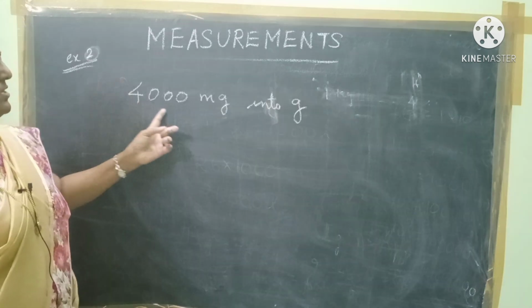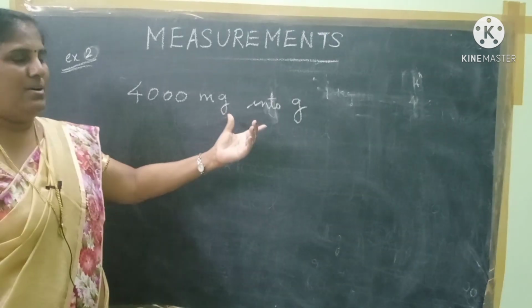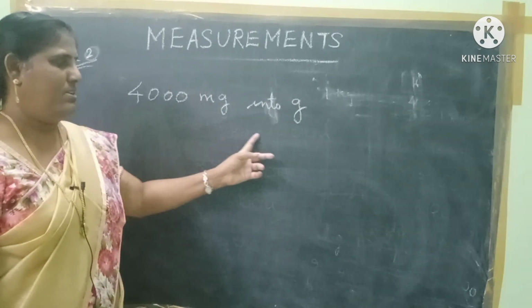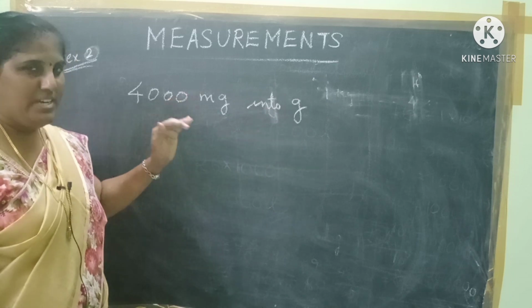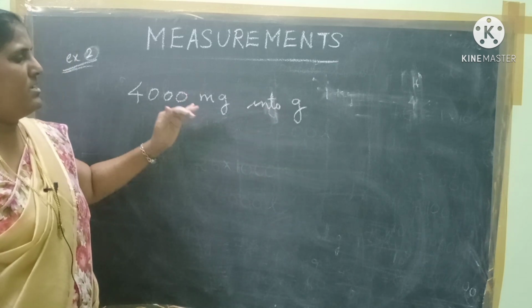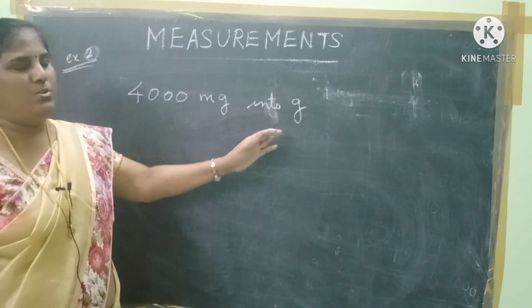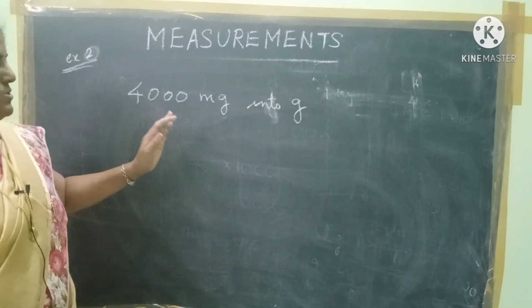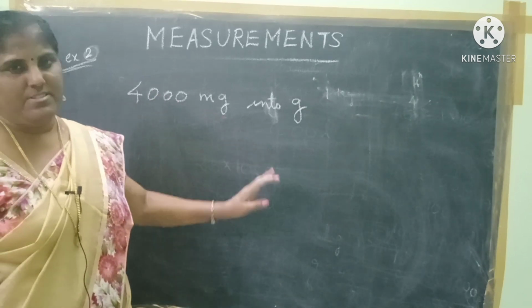Okay children, let us see the next one. Number 2, 4000 milligram into gram. If we compare milligram and gram, which is the biggest one? Gram is the biggest one. So here we are going to convert lower unit to higher unit. Lower unit to higher unit means the rule is you should divide the number by the power of tens.